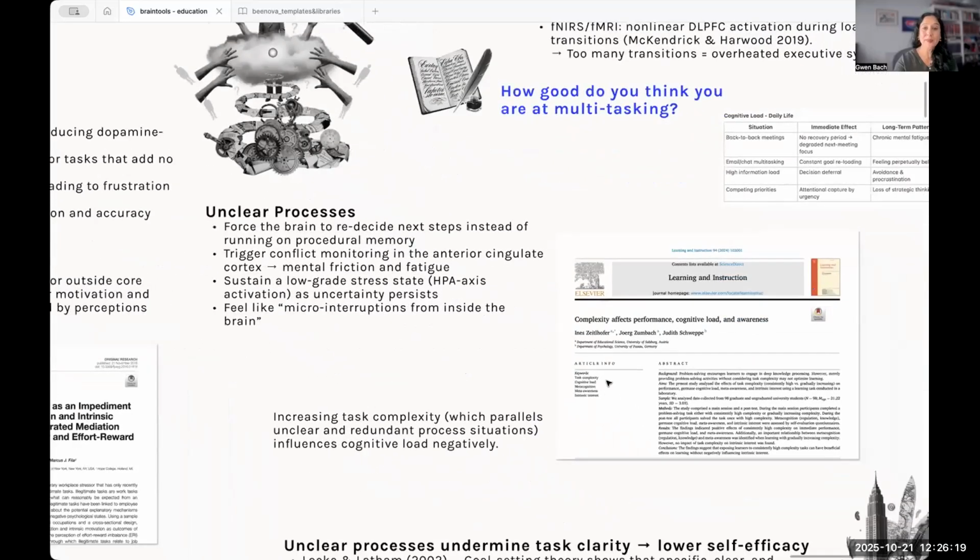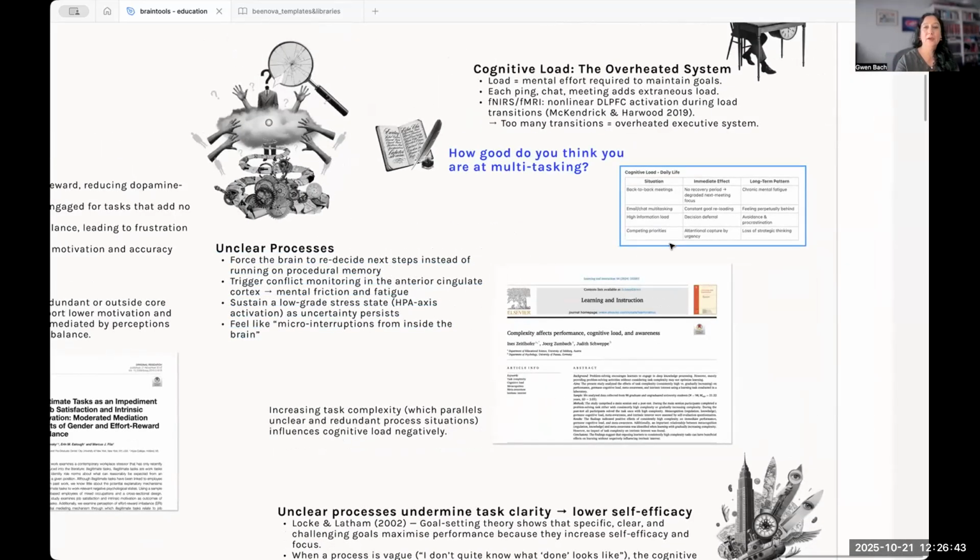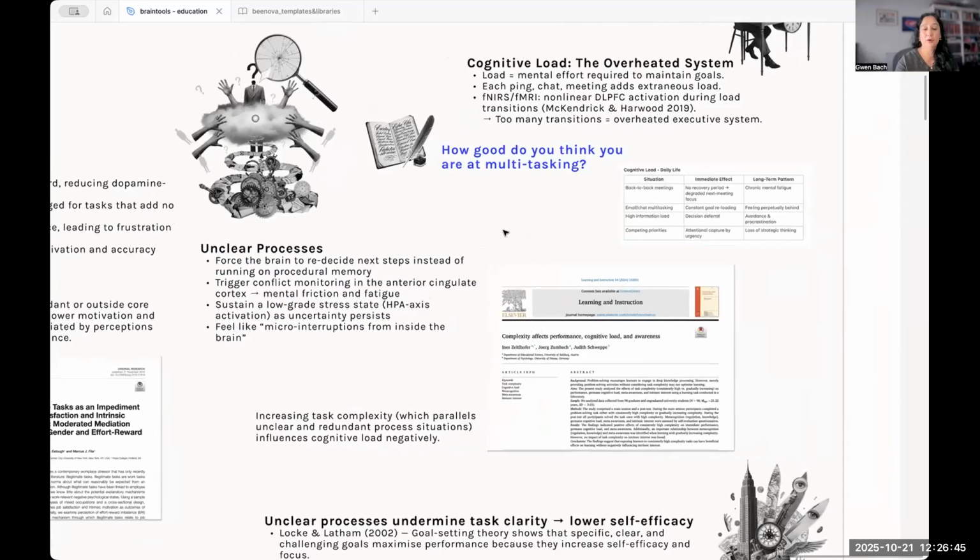And this is a quite interesting study about that. What we can take here is basically the task complexity, which kind of fills in for the unclear and redundant process situations and how it negatively influences cognitive load. And again, cognitive load has very serious long-term effects.